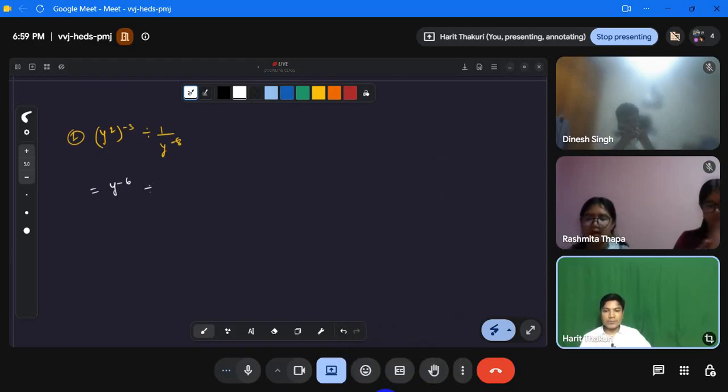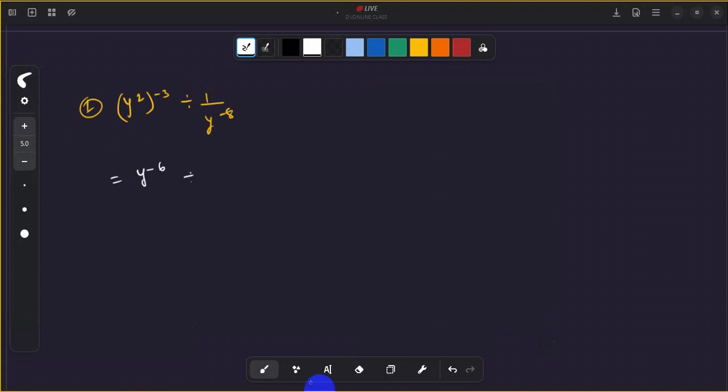Similarly, if there is a negative power in the denominator and it is shifted to the numerator, it becomes positive. So in this case also, we can shift this y to the power minus 8 to the numerator, so in the place of 1, it will be y to the power 8.